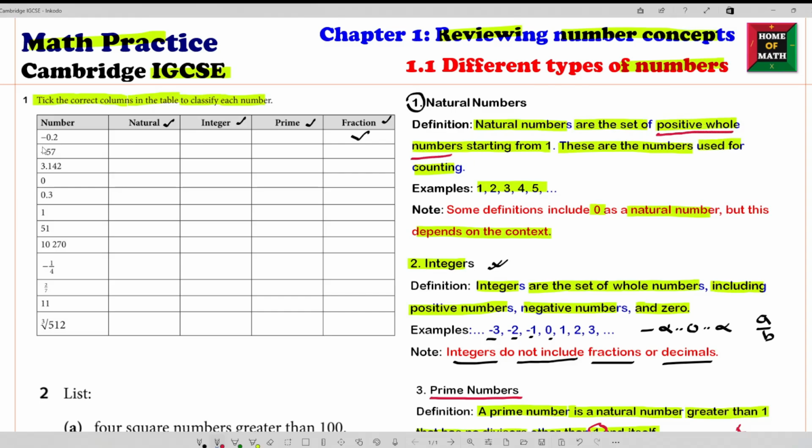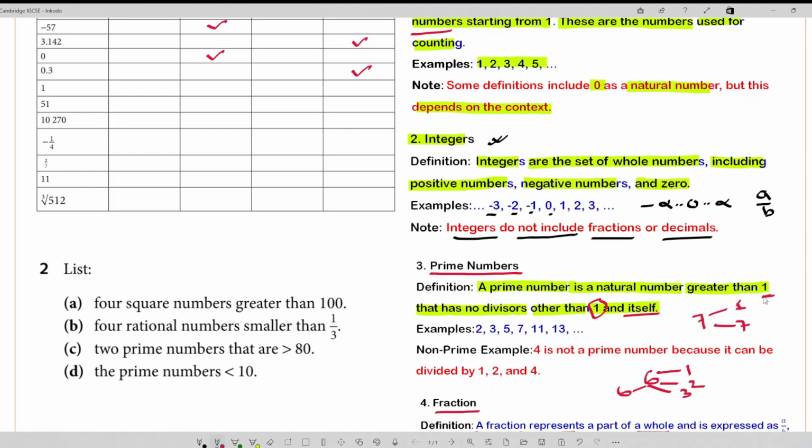Here is a minus, so it is an integer. Now 3.142 is a fraction. 0 is an integer. 0.3 is a fraction. 1 is not a prime number, because 1 can be divided only by 1, but a prime number must be greater than 1.